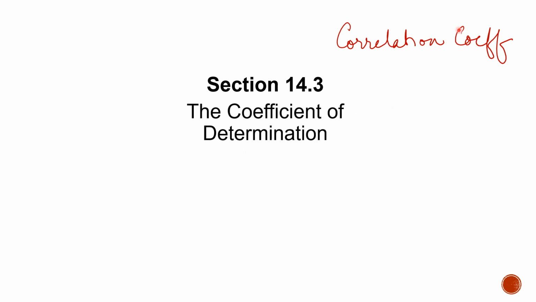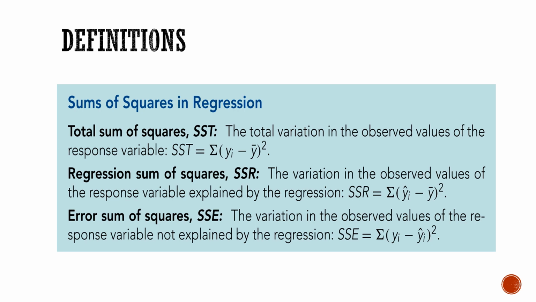The correlation coefficient will tell us how strongly the X and Y values are correlated. All right, so we'll talk about the correlation coefficient in the next section, but we'll first go into understanding what the coefficient of determination is. Now to come up with an equation for the coefficient of determination, we have to look at certain quantities.